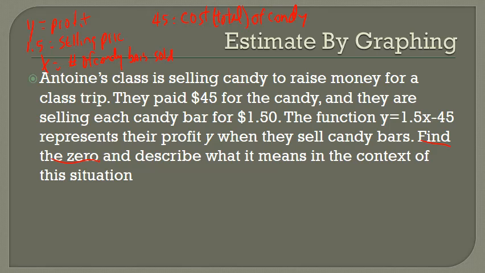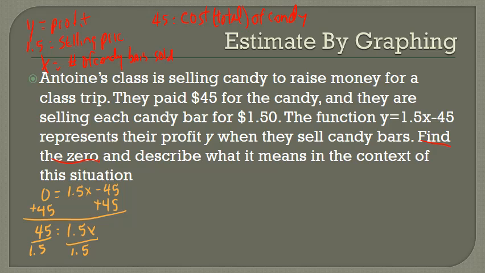So let's do that first. We're going to set y equal to 0, so 0 = 1.5x - 45. In solving this, let's first add 45 to both sides of the equation. We're trying to isolate this variable x. And so now we got 45 = 1.5x. Let's divide both sides of the equation by 1.5.